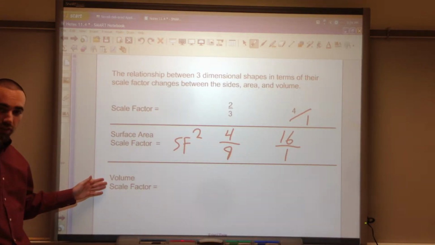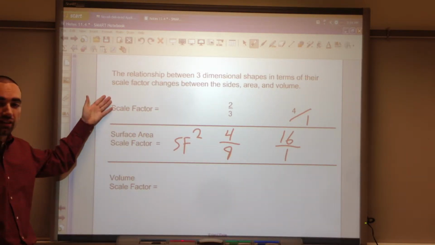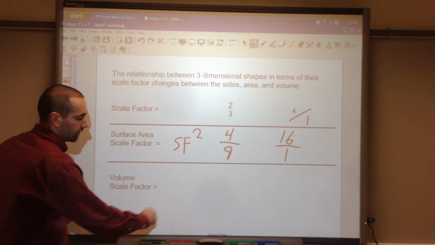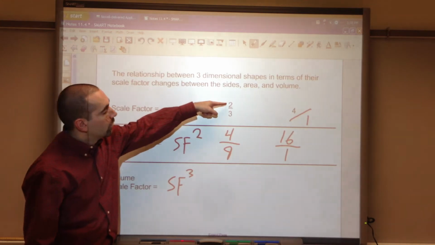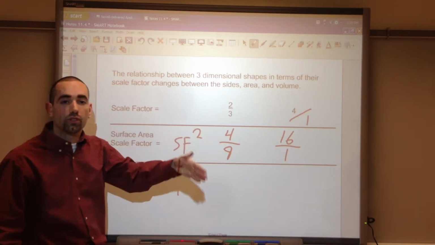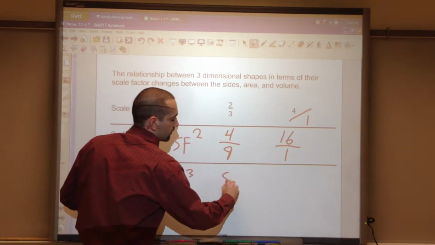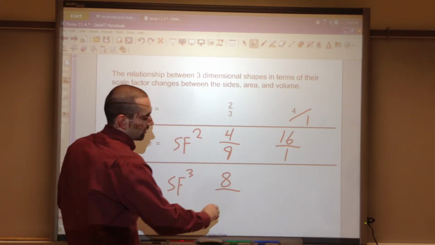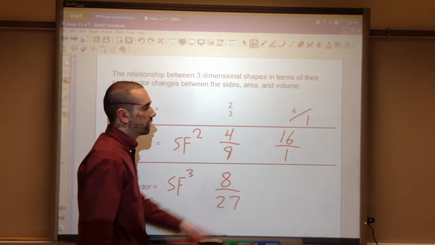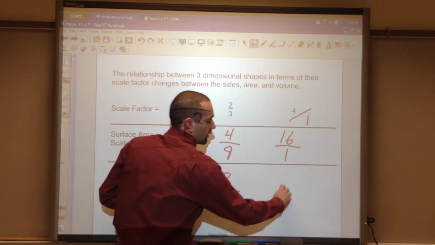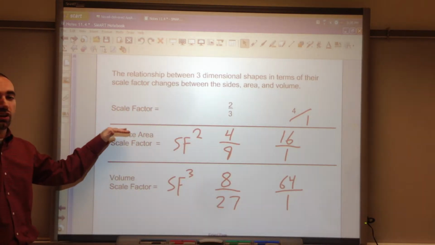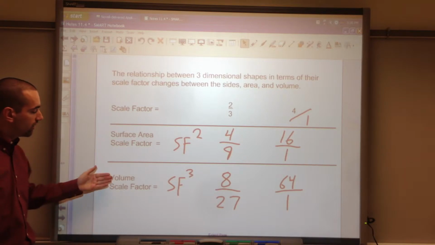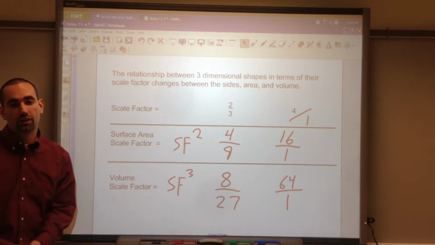The volume scale factor is the scale factor of the sides cubed. So 2 cubed, 2 times 2 times 2 is 8. 3 cubed, 27. 4 cubed, 64. So the surface area, you square it. The volume, you cube it.